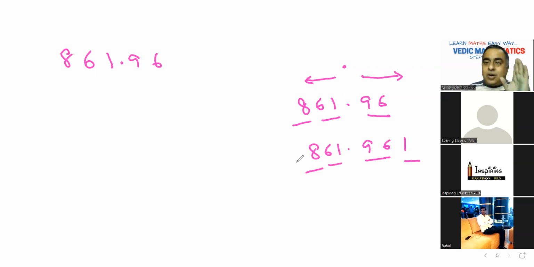The dot decides your pairing, and it will make everything different. Now we have 8, 6, 1. So this would be this, and this would be this, because if you are wrong here, then you'll take a wrong pair.